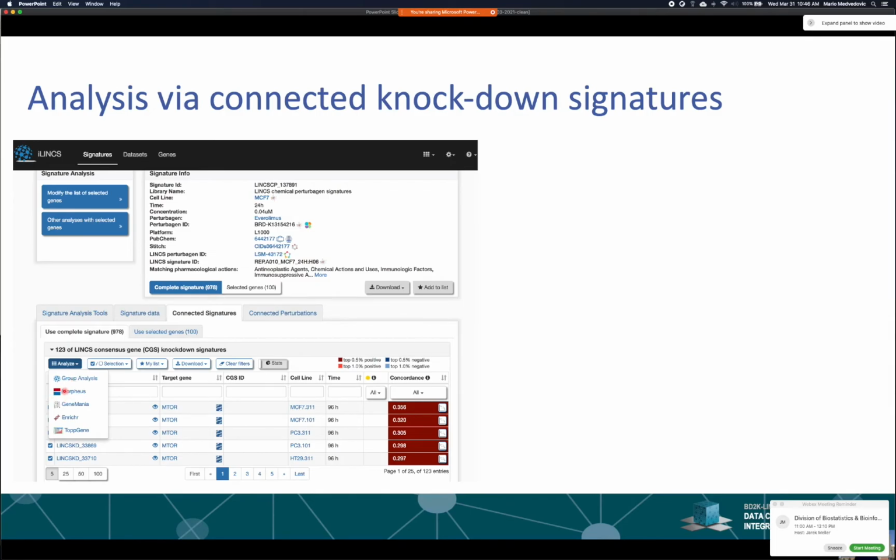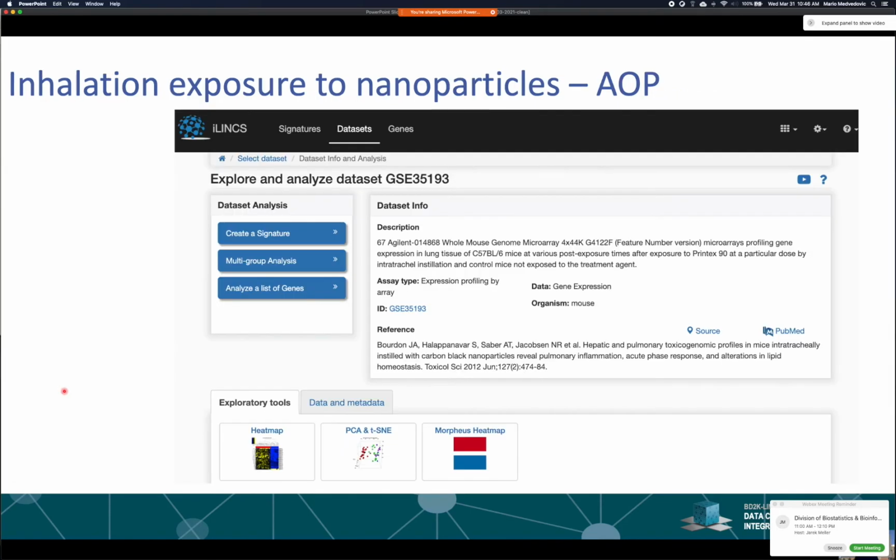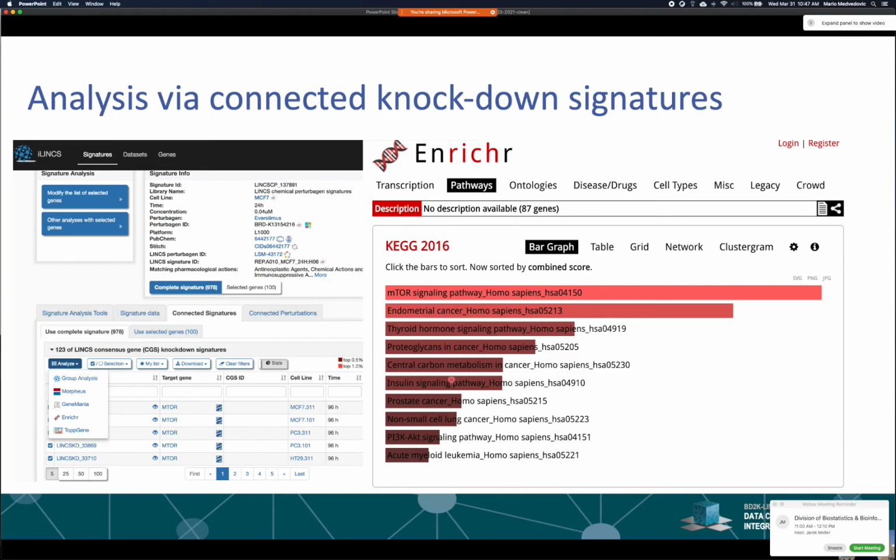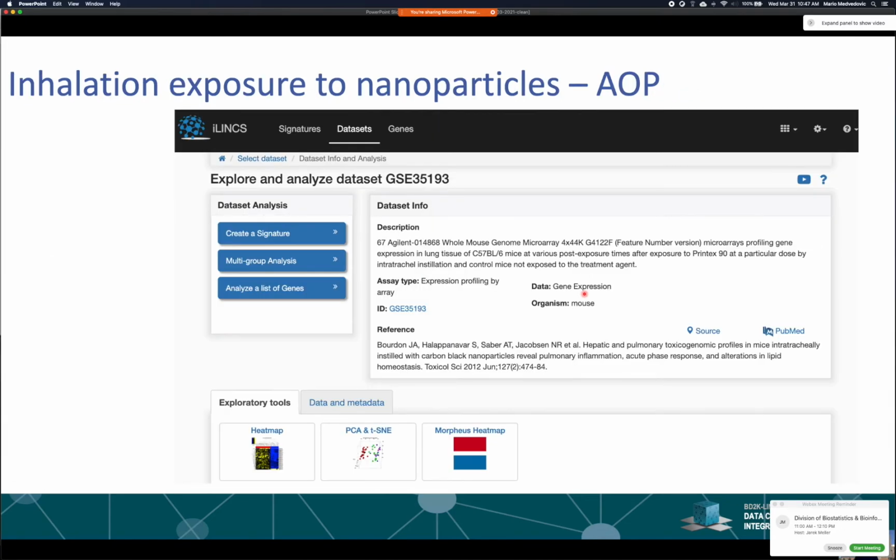Using the same enrichment analysis mechanism, it now identifies mTOR as the pathway of interest.